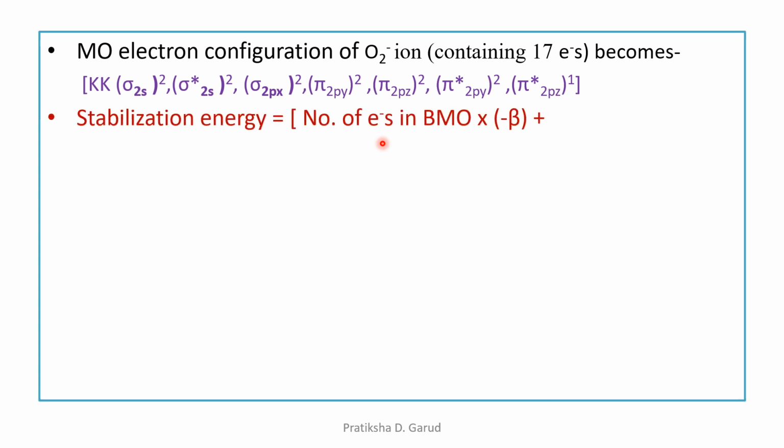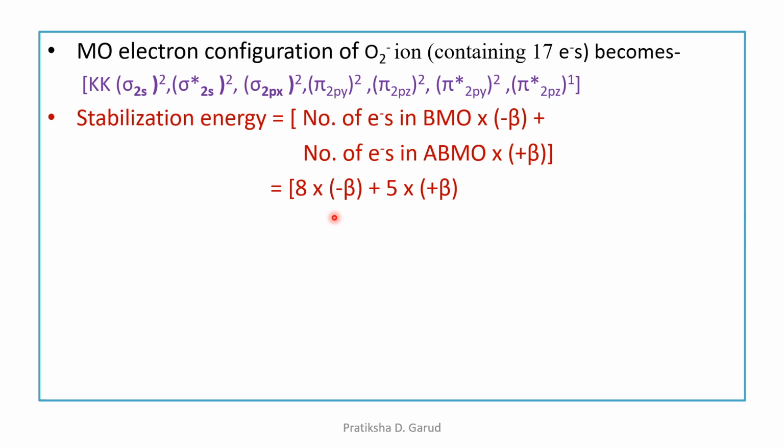Then the stabilization energy becomes number of electrons in BMO into minus beta plus number of electrons in ABMO into plus beta. How many electrons are there in the bonding? It is 2 plus 2 plus 2 plus 2, total 8. And antibonding 2 plus 2 plus 1, total 5.